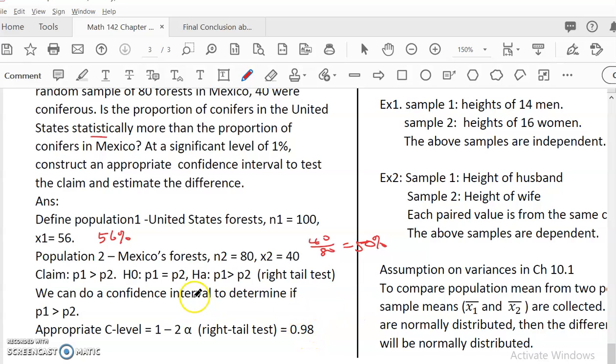Because you would have to think of, okay, 1% is only on the right side because you're talking about greater than, right? But the confidence interval is always the middle. So we would just pretend that there is another 1% here. This is C level. C level is always in the middle. Alpha is here, this is 1%. This is another 1%, making the middle 98%.